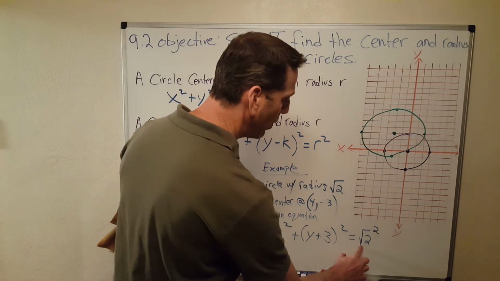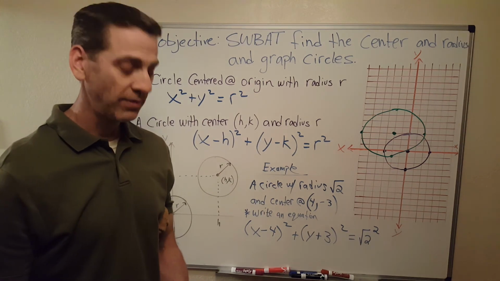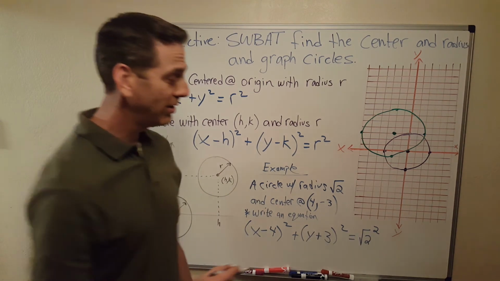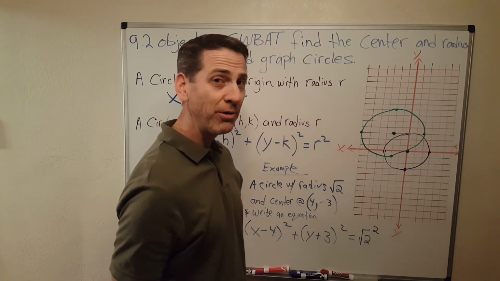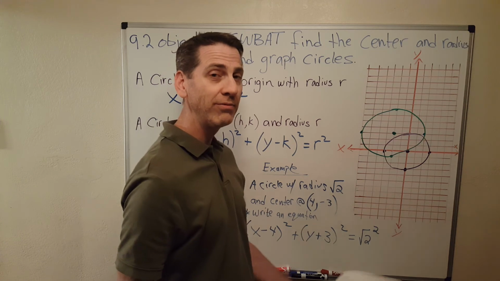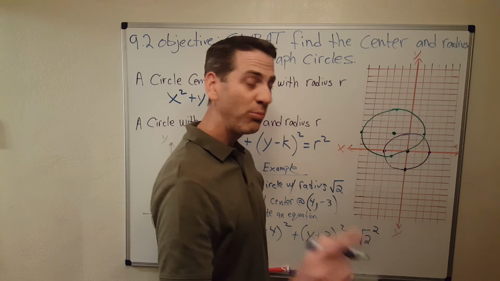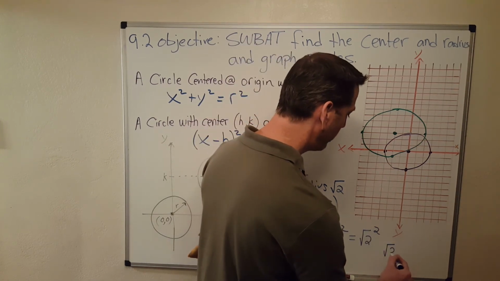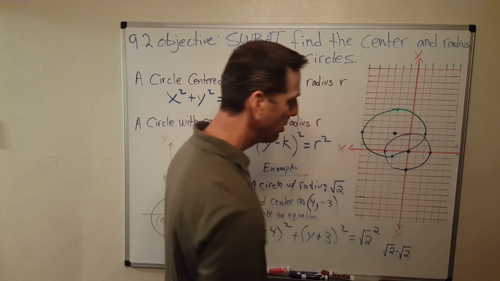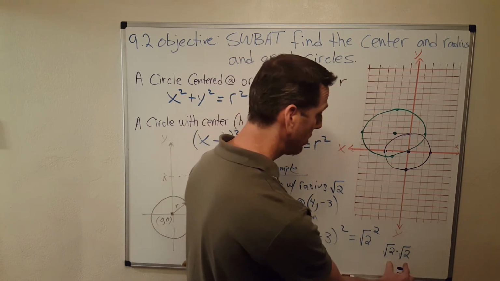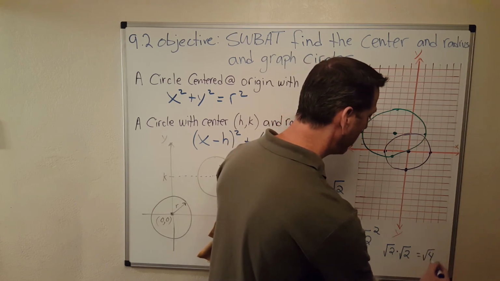Okay, so what is the square root of 2 squared? Well, let's try. I don't know if you remember, but remember how a square and a square root, they're inverses of each other, and they undo each other? And I'll prove it. The square root of 2 times the square root of 2, right? That's the square root of 2 squared, right? Equals the square root of 4, correct?